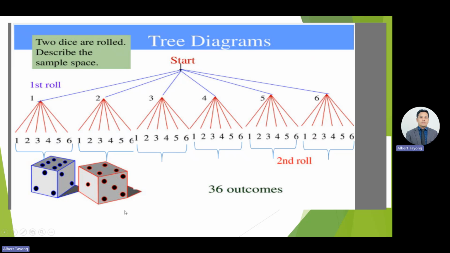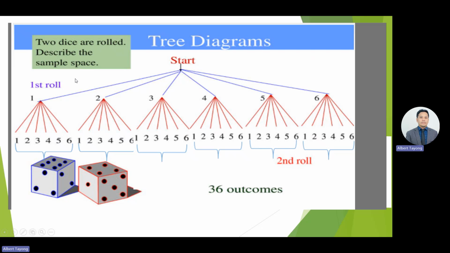So the formula is 6 raised to the power of n, where n is the number of dice. So 6 squared is equal to 36. Now, if we're going to add the outcomes, the lowest sum is 2, that is 1 plus 1, and the highest sum is 12, that is 6 plus 6.